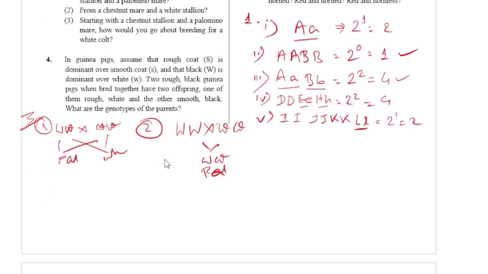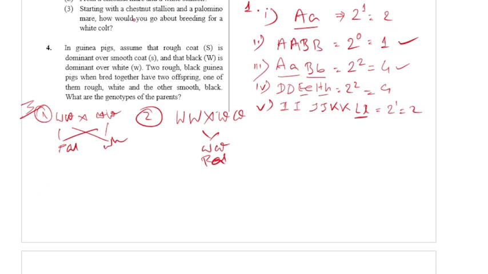And next is interesting. Starting with a chestnut, that is capital W capital W, and a palomino, capital W small w. How would you go about breeding for a white coat? We have to get a white coat. First of all, if we cross this one, we can get capital W capital W and capital W small w.